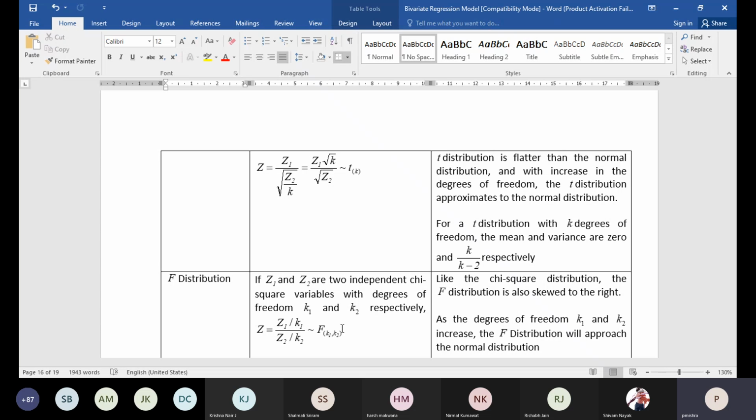Beta is equal to 0, means there is no influence of x on y. And what we'll do basically in testing of hypothesis, we'll test if we can reject the null.